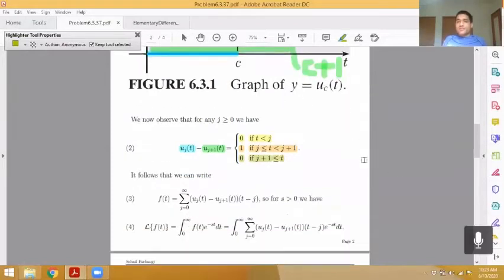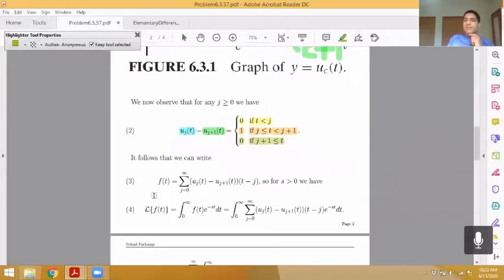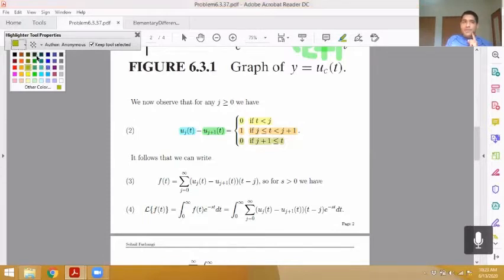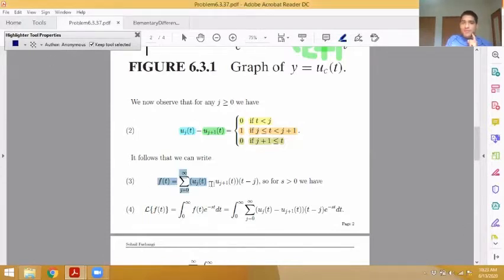So using this, we can get the following formula for f of t. We get that f of t is equal to the sum, j going from 0 to infinity, of this step, right? uj(t) minus uj plus 1(t) is the step in between j and j plus 1.